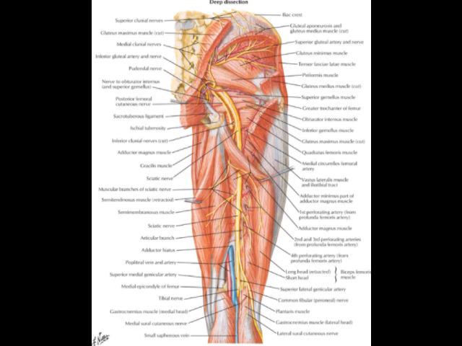And then right below that, you can see something called the inferior, which means lower, the lower gluteal artery and nerve. And you can also see the posterior femoral cutaneous nerve close by to that.